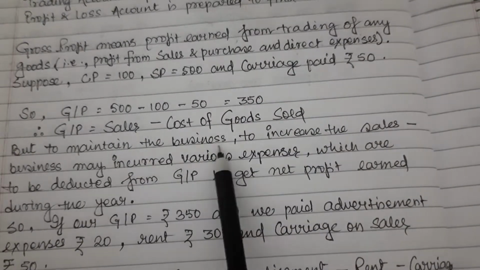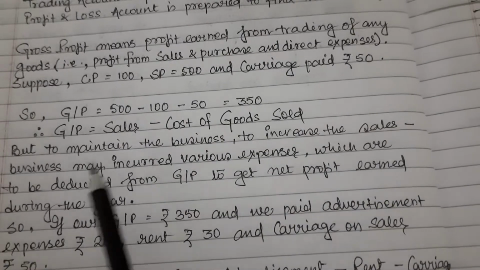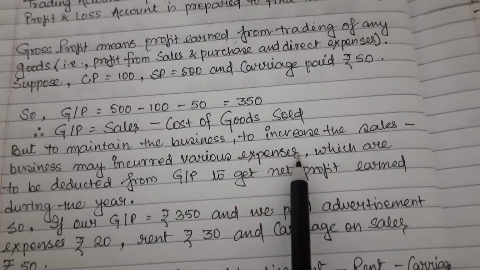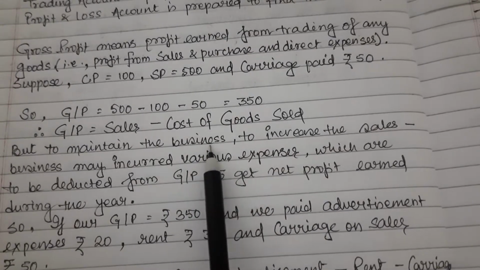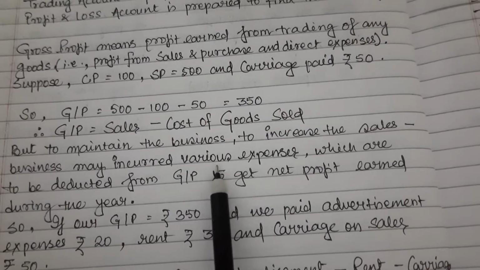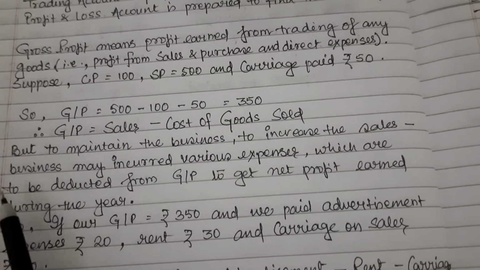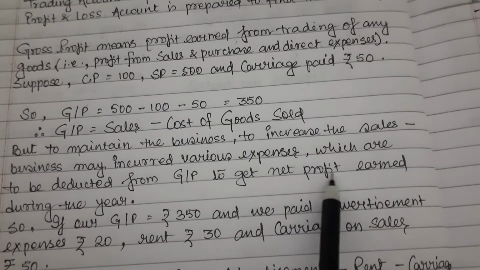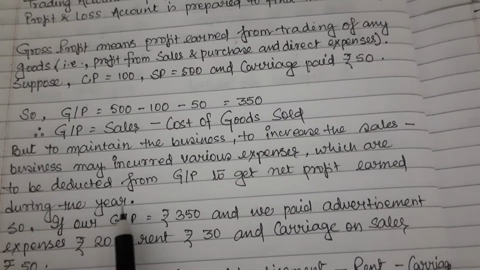But to maintain the business, we increase the sales. Business may incur various expenses. That means to maintain the business, to increase the sales volume, you need to incur some type of expenses. Those are to be deducted from gross profit to get the net profit earned during the year.